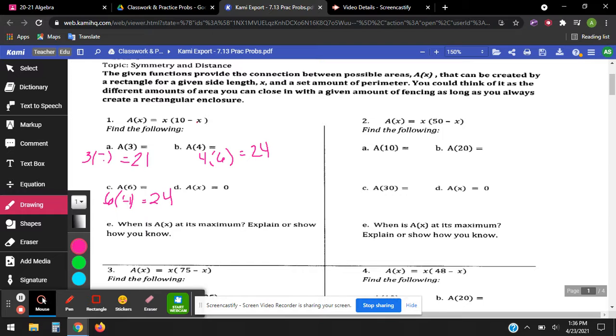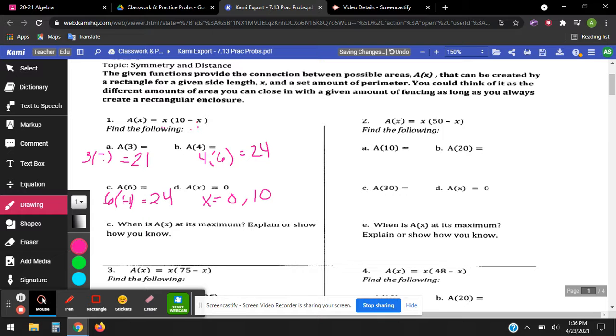That's 24. Now if I want my answer to equal 0, then if I want A to equal 0, x needs to be a 0, right? Because if x is a 0, the whole thing's 0. Or if the inside of the parentheses equals 0, so 10 minus 10 would equal 0.